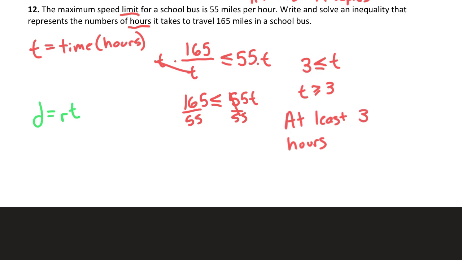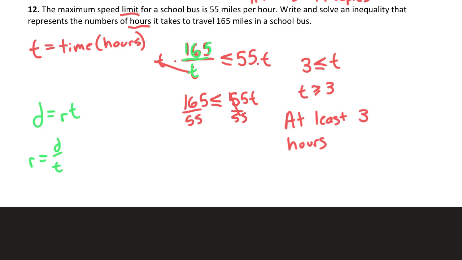Well, your rate, your speed, if you think of speed, miles per hour, that's your distance divided by your time. So that's what I used. I took my distance, 165, divided it by my time, t, and that had to be a speed of less than or equal to 55.